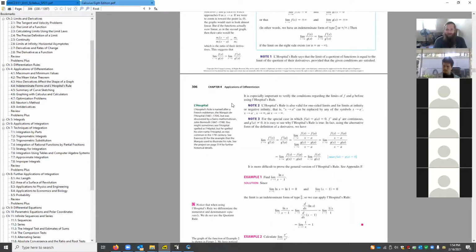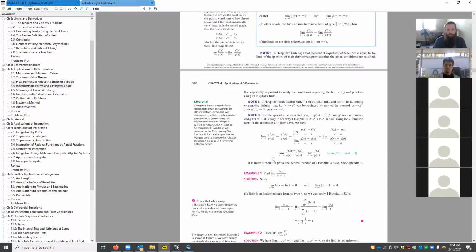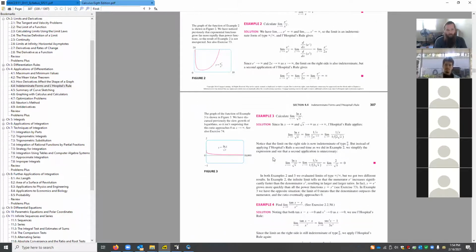On the other hand, I can introduce the challenging problems slowly, and you can self-study 4.4 on L'Hopital's rule and indeterminate forms. The basic idea is this.